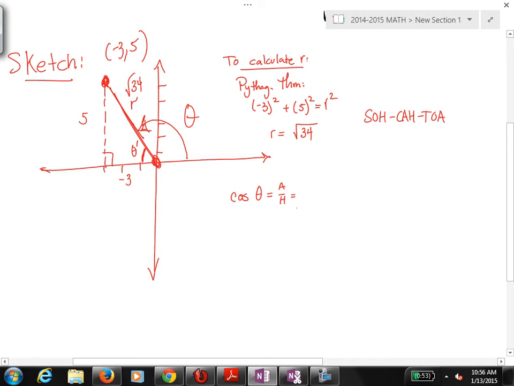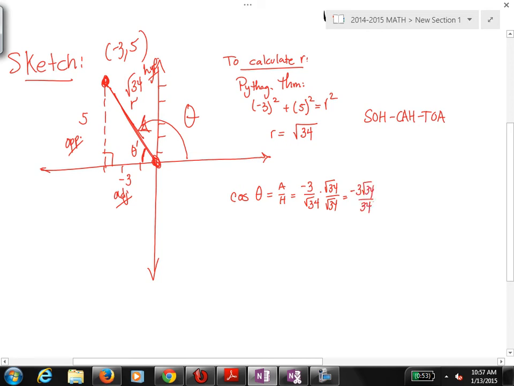And the adjacent is what? On this picture, this one is the adjacent, this one is the opposite, and this is the hypotenuse. So now the adjacent is going to be -3 over square root of 34. And of course, if you wanted to simplify this, times the square root of 34 over square root of 34, which we would say is -3 square root of 34 over 34.